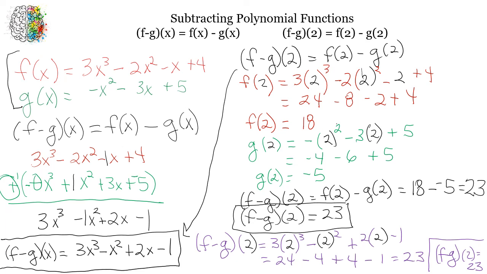You just need to remember that when you're subtracting, that second function, you need to multiply that negative through every term in your equation, and then you can change it to an addition problem. If you have f minus g, and instead of a variable, they give you a constant, then everywhere you see your variable, you plug in your constant, and then you solve it exactly the same way. And that's how you subtract polynomial functions.